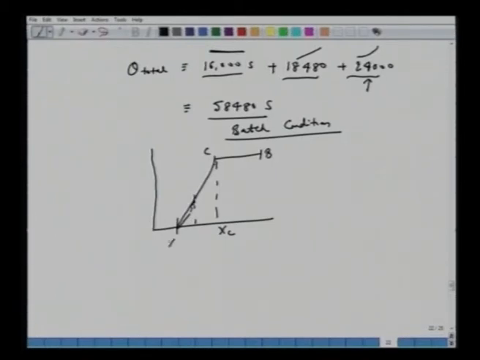So we hit XC, so that means from XC to X2 we can assume it's linear throughout. This is the approximation we also discussed, and we can use the expression directly for theta.